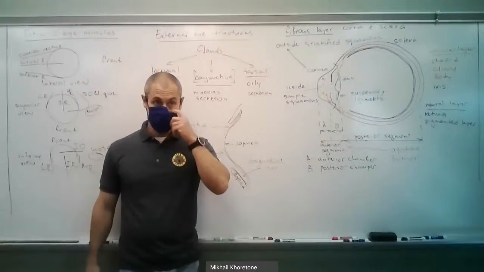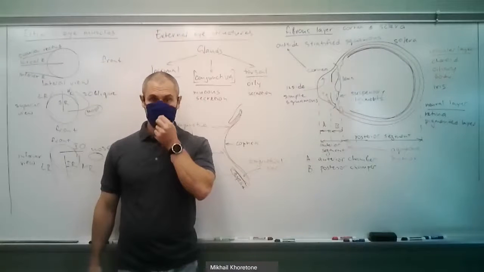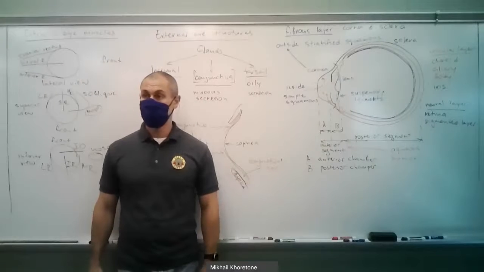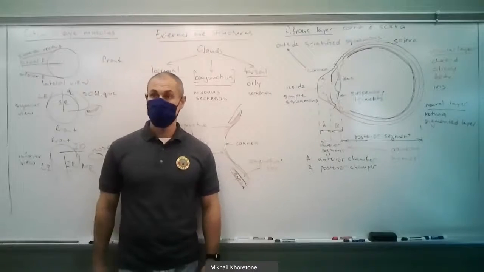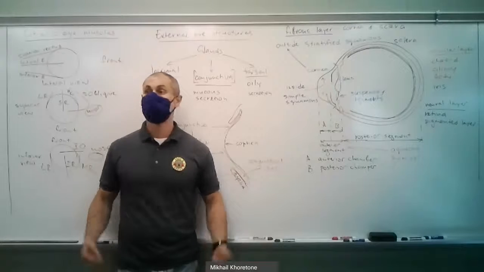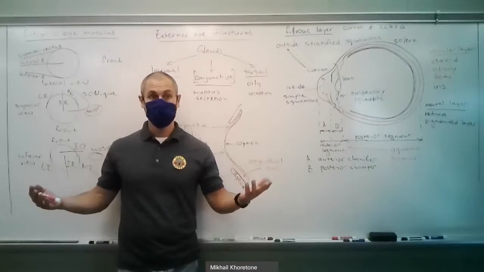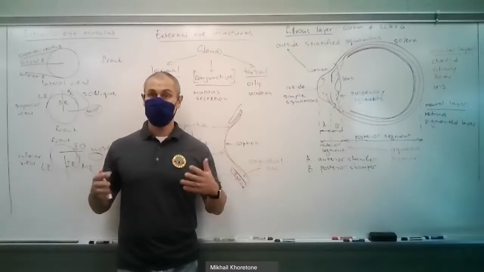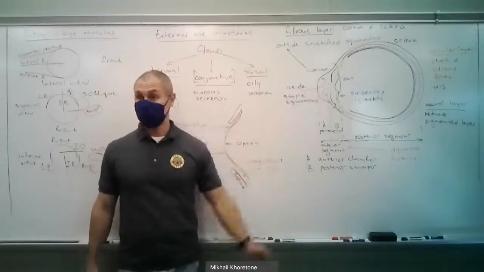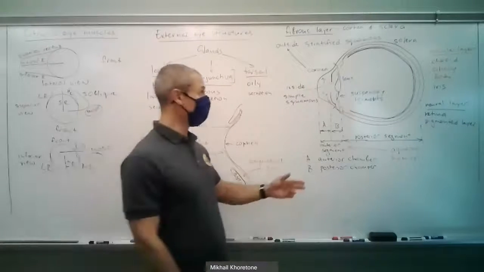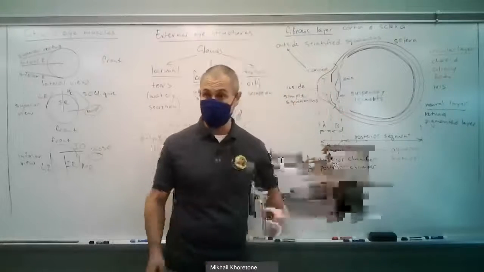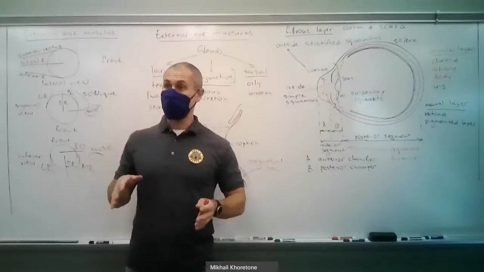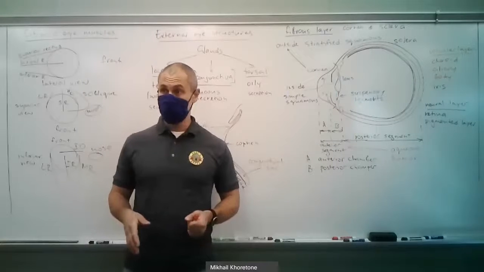Does that make sense? Now, just as any other fluid that is produced and then drains, imagine that the drainage is not good. Are you following me? If drainage is not good, then aqueous humor accumulates in the anterior segment. It increases the pressure inside of your eye.